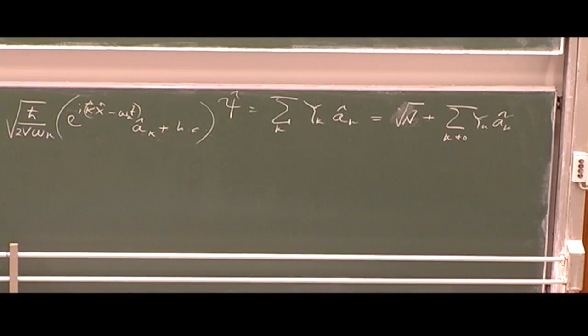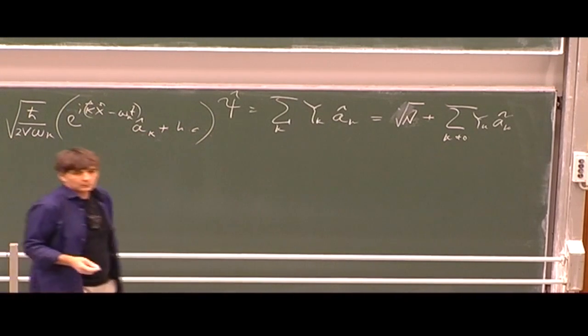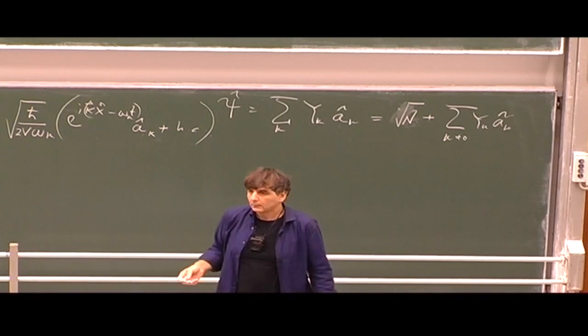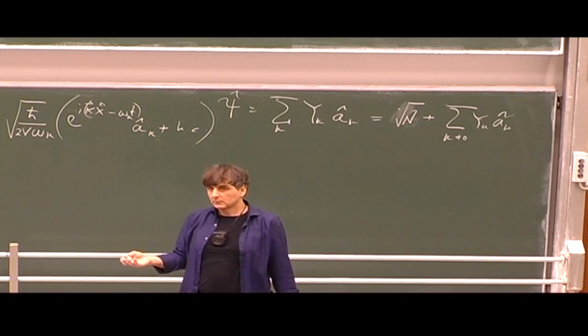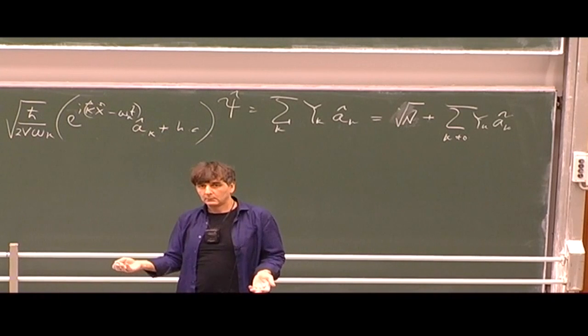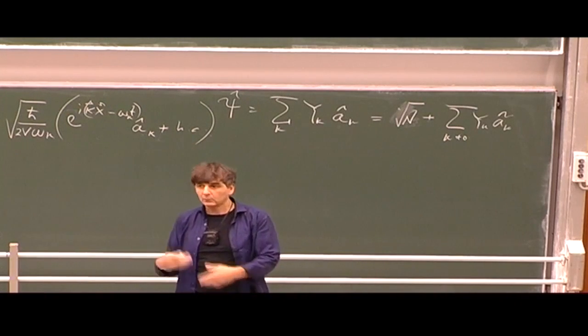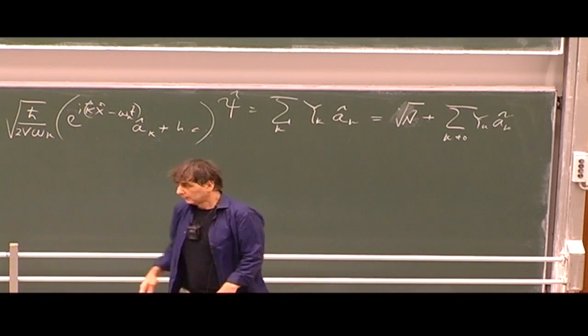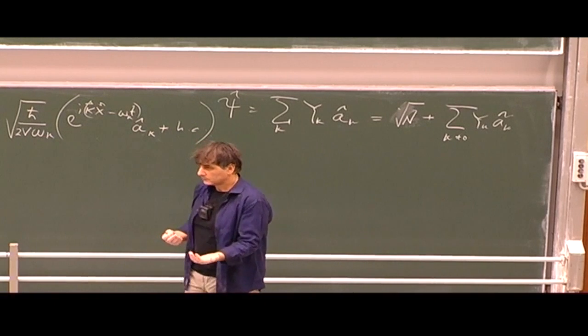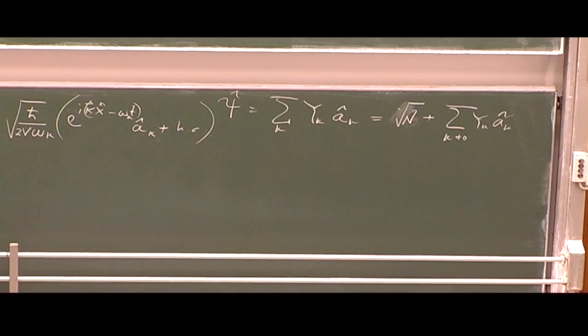As you know, among quantum states, the most classical ones for a given occupation number are coherent states, because they minimize the uncertainty relation.